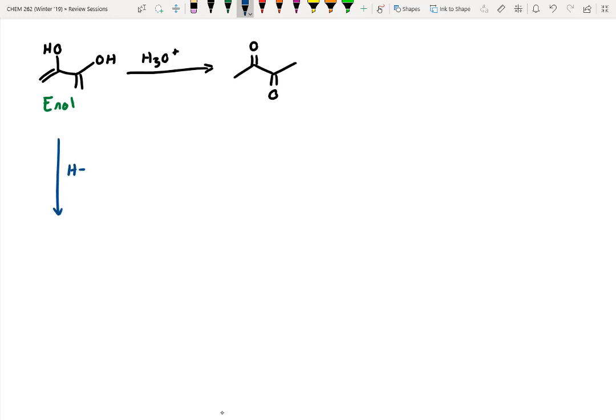All right, so we've got acid floating around in solution, right? So it's a hydronium ion. The hydronium ion, in this case, can protonate either the alcohol or we could protonate the alkene. The reality is, in solution, both will happen. However, one will take us in a forward direction, the other one won't. Which one do you think is the best one for going forward?